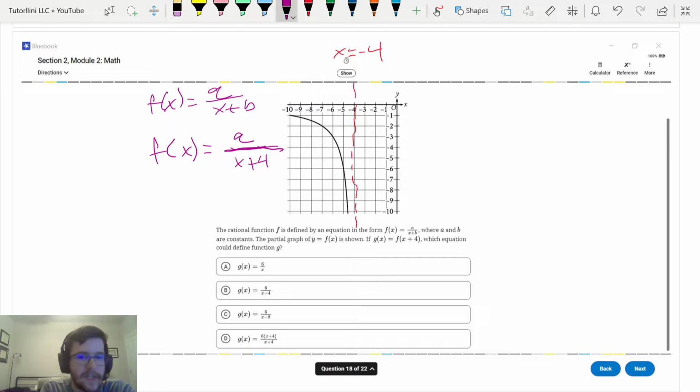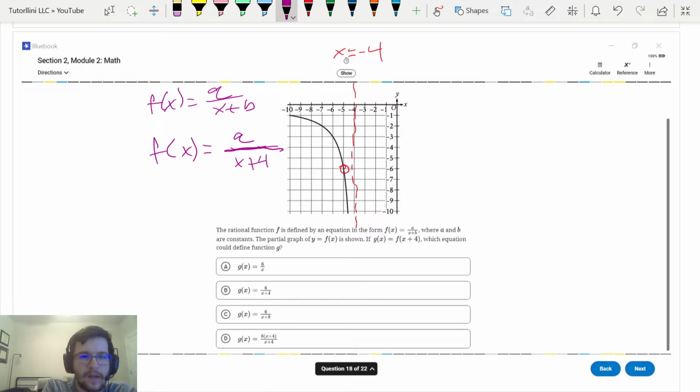So if you plug in -4, you see we get a divide by 0 error, and that means we have a vertical asymptote. It's a little bit more complicated than that, but that's the quick and dirty way of thinking about it. Now you could plug in a point. I don't know, -5, -6, maybe that one.